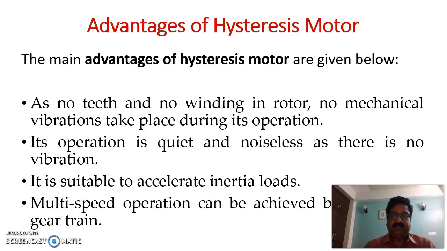Because of its torque speed characteristics, this machine is most suitable for accelerating inertia loads. When accelerating inertia loads are required, this machine is the most preferred. This machine can also be employed in applications where multi-speed operation is required, which can be achieved by using gear trains.